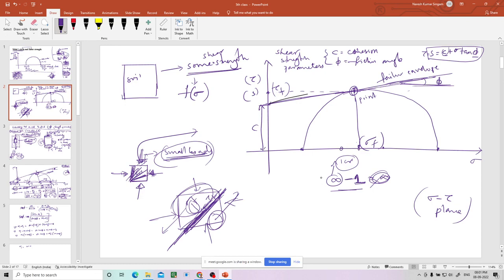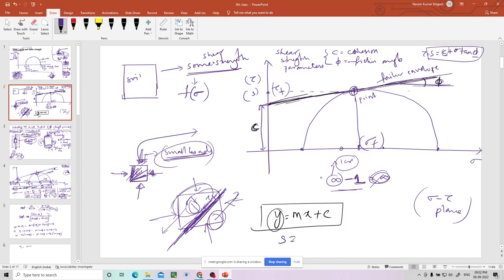See, there is a Mohr failure envelope. This is a straight line, let us say, and this is c, and the friction angle is phi. Then how do you write the equation of this line? y equals mx plus c, right? What is y here? Shear strength.